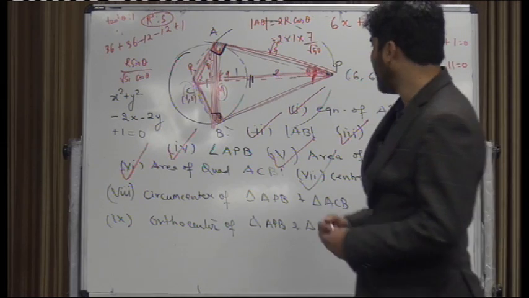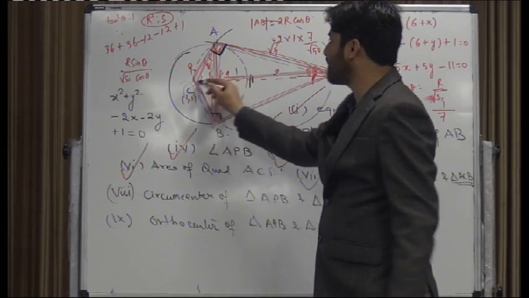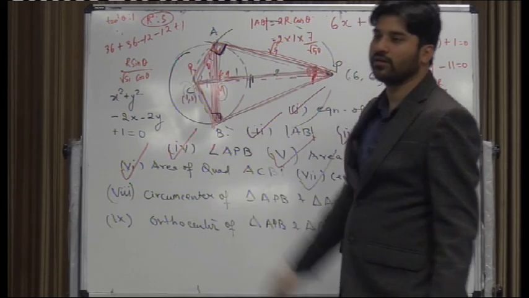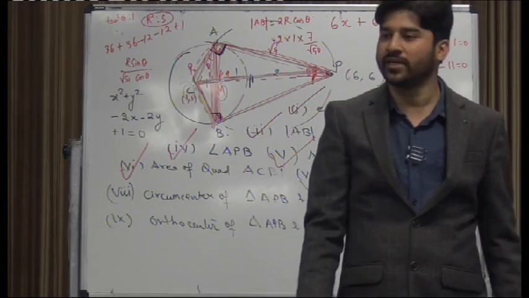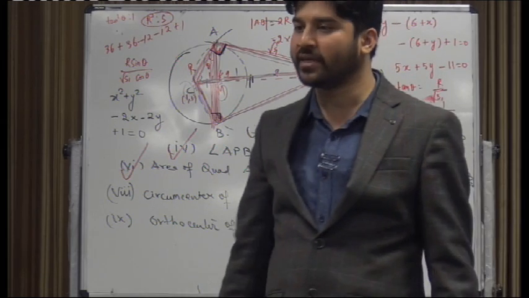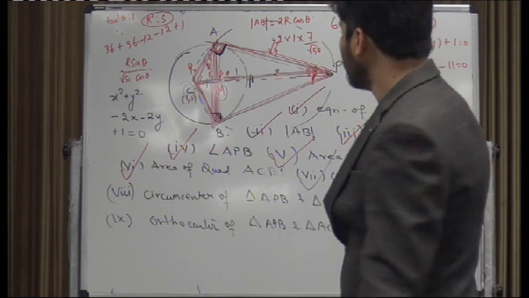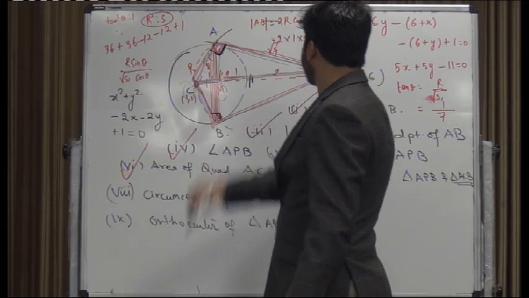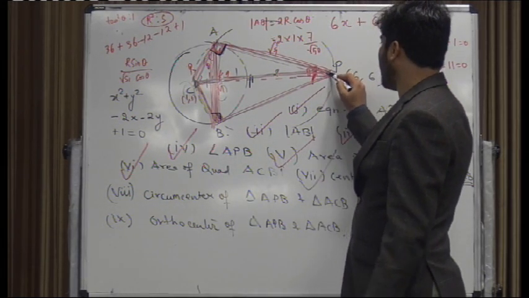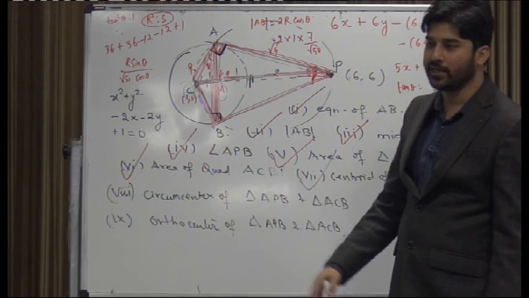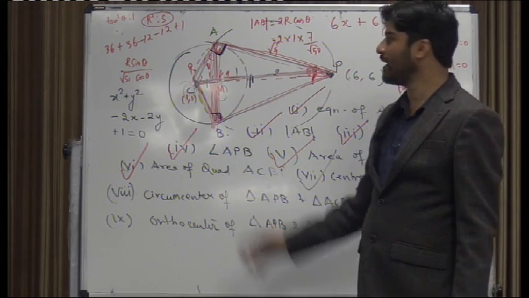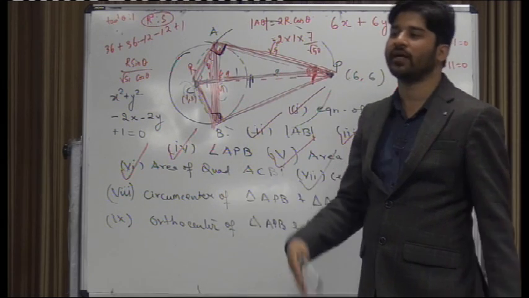right? And since this becomes the diameter of the circle, because you have a 90-degree angle, which means this is my diameter, because a semicircle on a diameter only makes 90 degrees. I already know my C, and I already know my P, and this is nothing but my diameter. I can write the whole equation of this circle, but I am not interested right now.